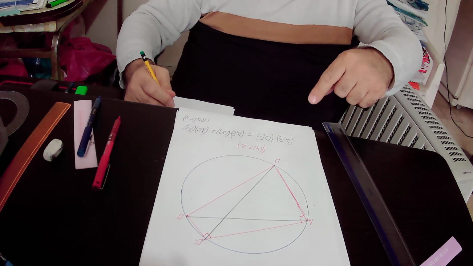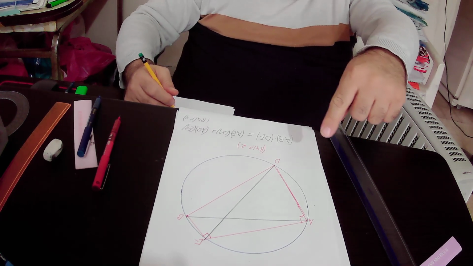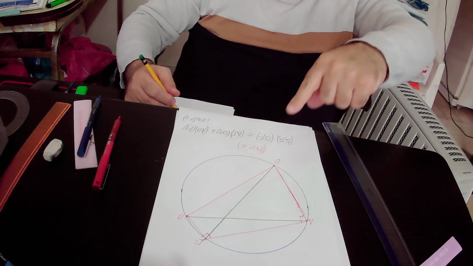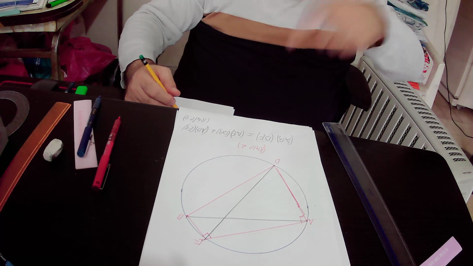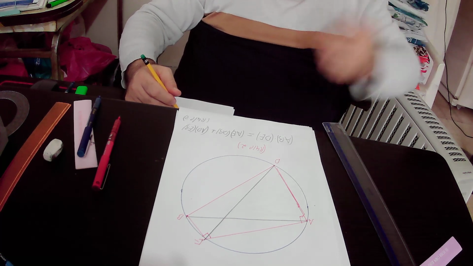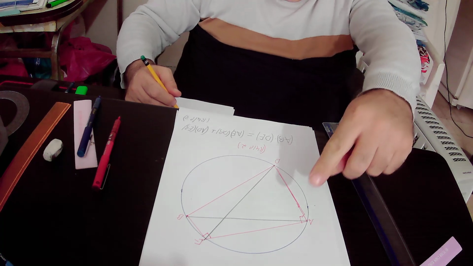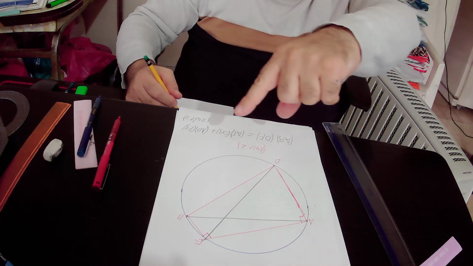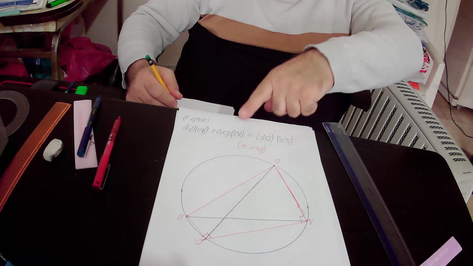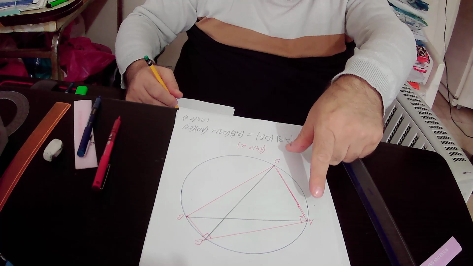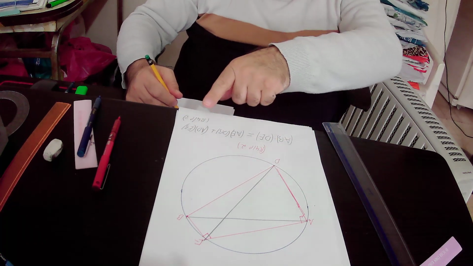because the product of this quadrilateral's diagonals is AB times DE, and it equals the sum of the products of its opposite sides. The first product of its opposite sides is AE times DB, and the second product is AD times EB.